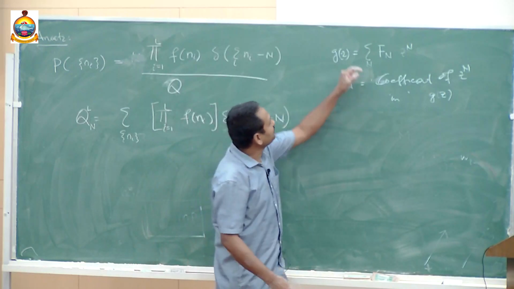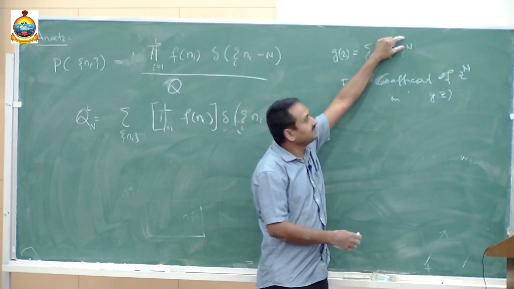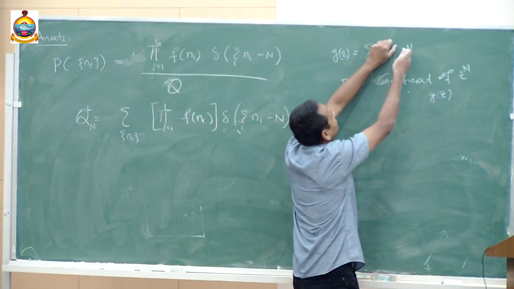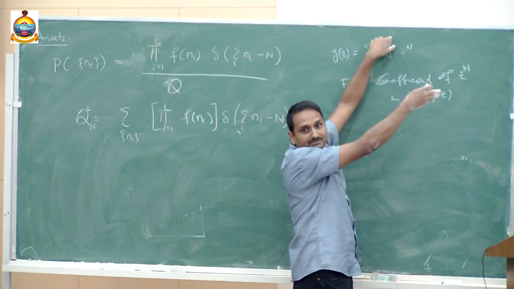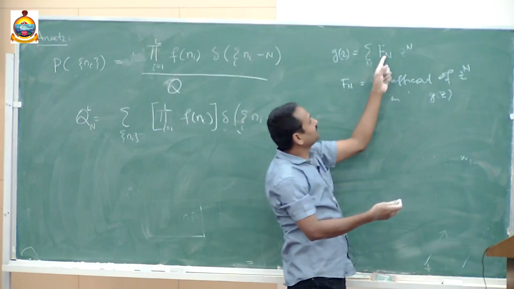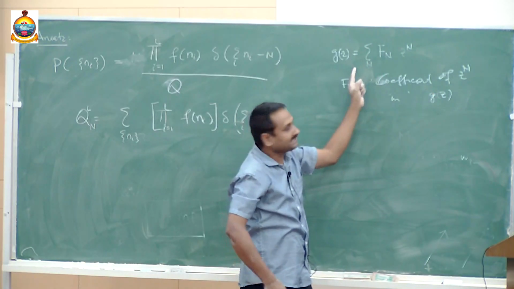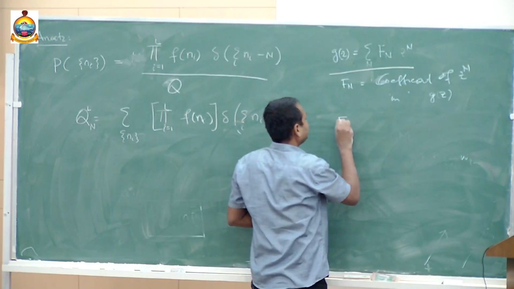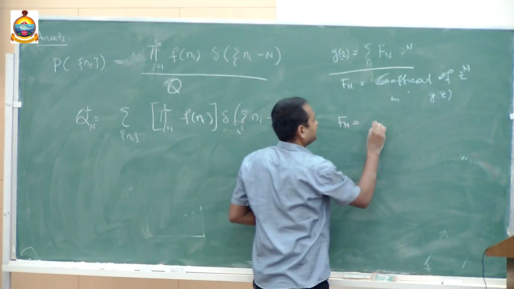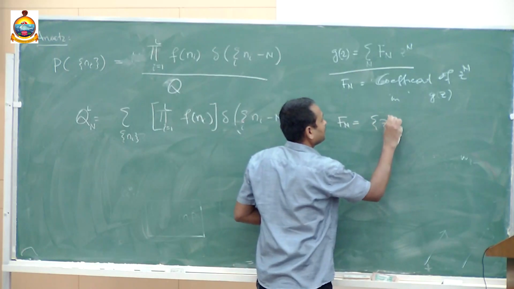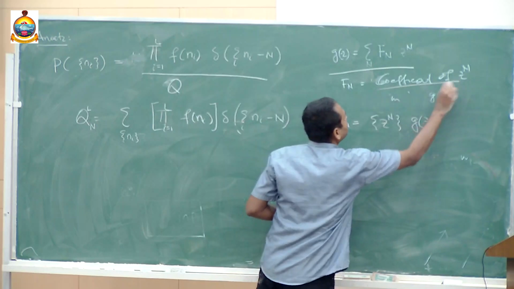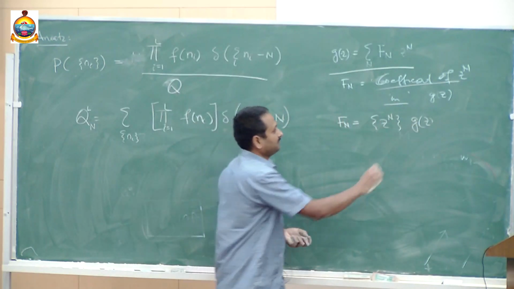So if you know some function G of z, you would expand generally like G of z equal to something times z to the power n, summation over n. So whatever the coefficient of z to the power n, you write it like that. So by definition, this equation tells you that f of n is just the coefficient of z to the power n of G of z. That's my notation. This whole sum I'm replacing by G of z.